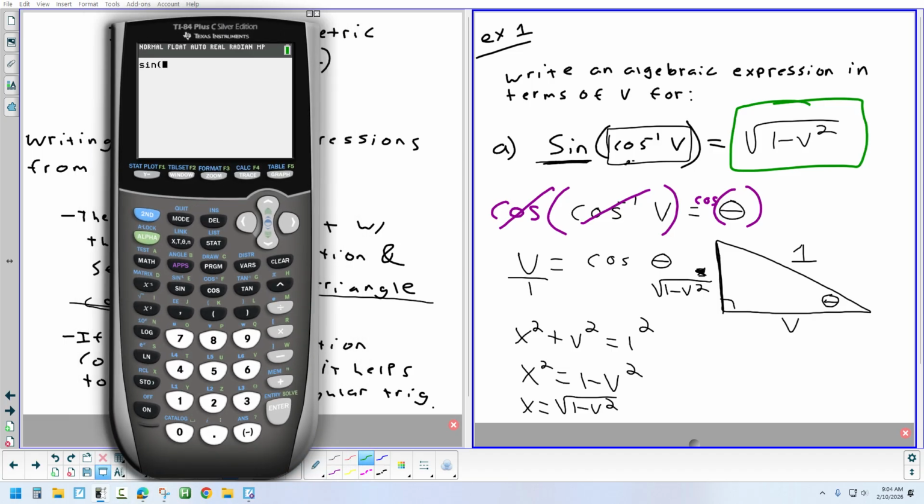I'm going to take the sine of the inverse cosine of 0.37. And that's what I get. Now, plug 0.37 into that other formula we just found in the green box. Square root of 1 minus 0.37 squared. I get exactly the same thing.